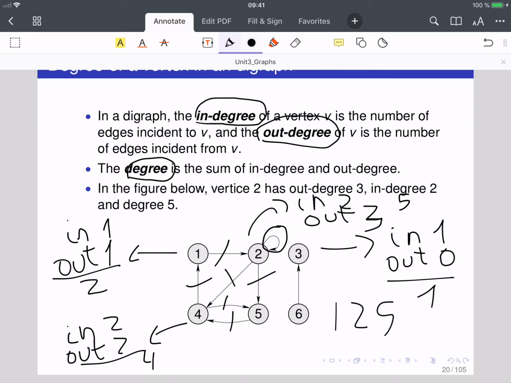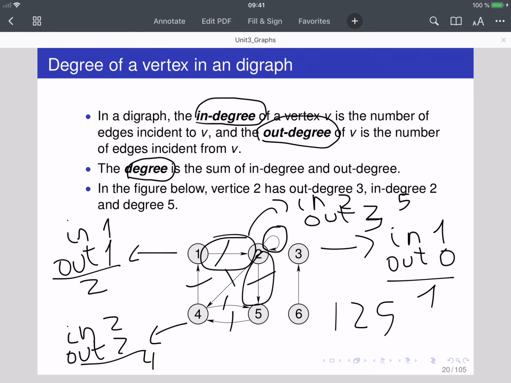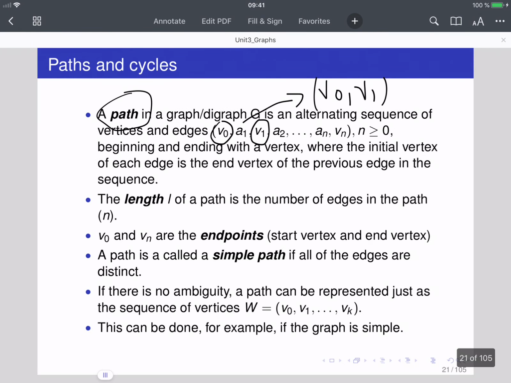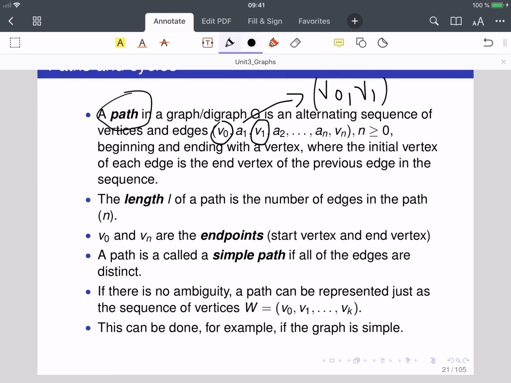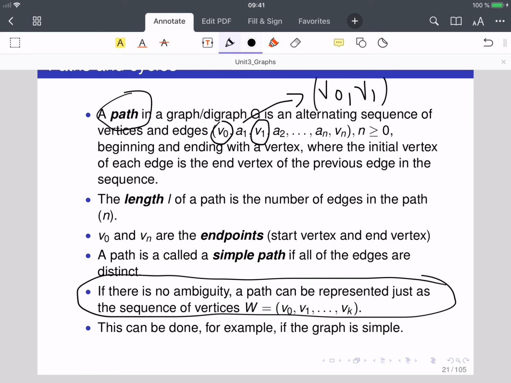And we are following first this edge and then this edge. If the graph is simple, then the sequence of vertices is enough to represent the path completely, because from one vertex to another we can only go with one edge.